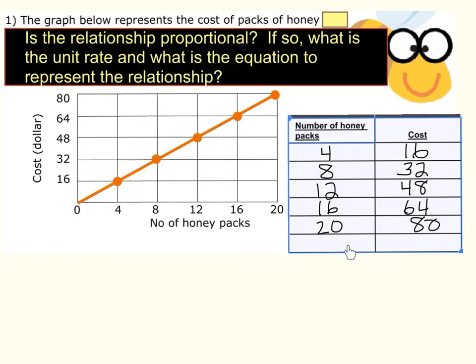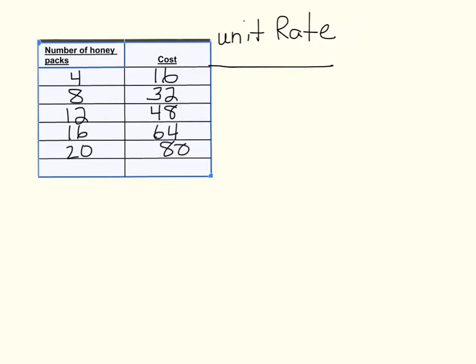So now that we have our table, we're going to check the table to see if it's proportional, and you remember how to do that, I hope. So I want you to pause the video, test the table, then press play and check your answers. So for those of you who forgot how to check if a table is proportional, we're going to extend the table and find the unit rate.